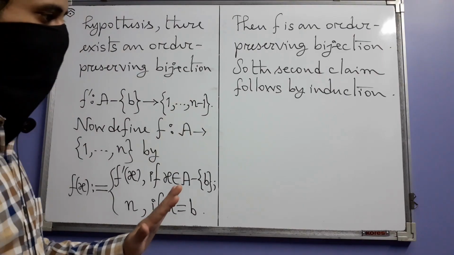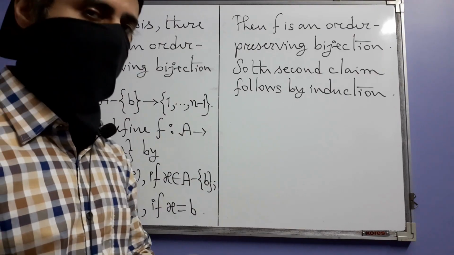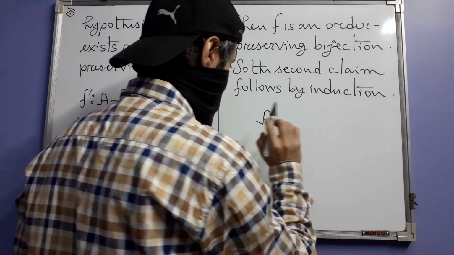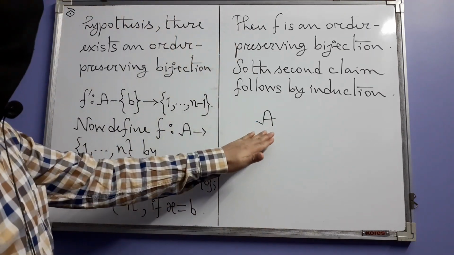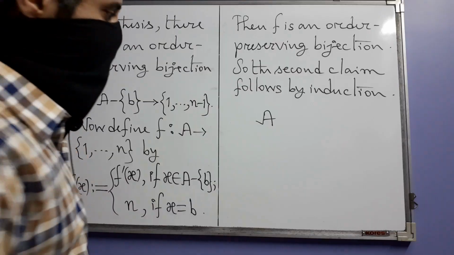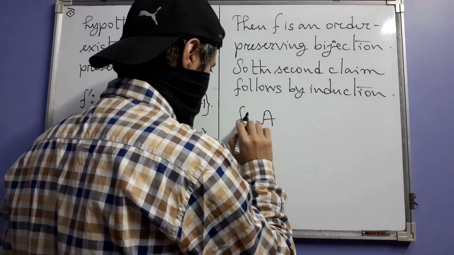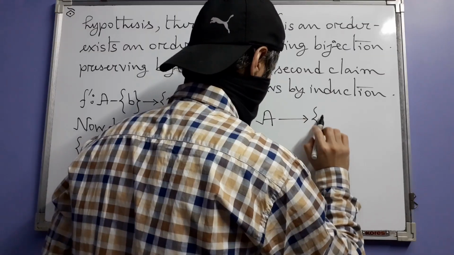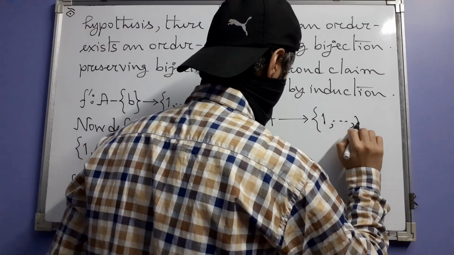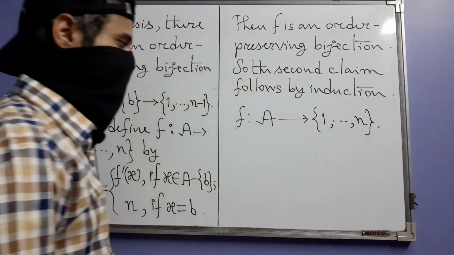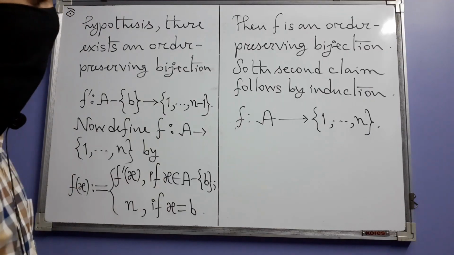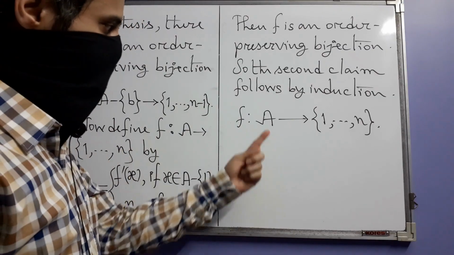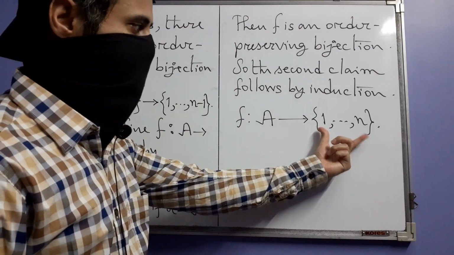What does this proof, what does this result mean? It means that if you have a finite non-empty ordered set A, then there exists a bijection of A with some section of the positive integers which is also order preserving, and that is why A has the same order type as this.